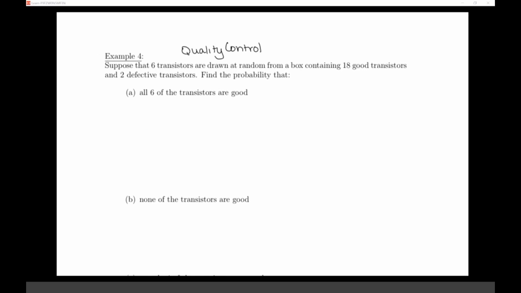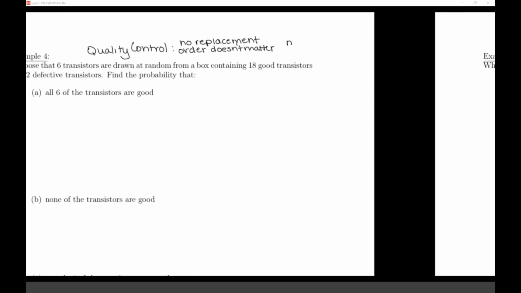You're not going to put them back because they're being tested. So this is without replacement, and the order doesn't matter because every transistor is going to be tested. So we're going to count with combinations.